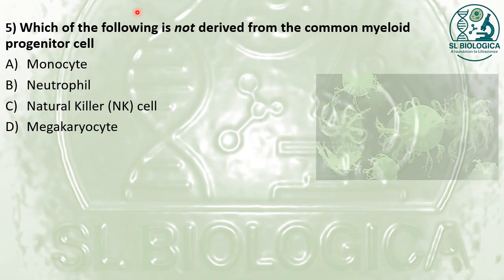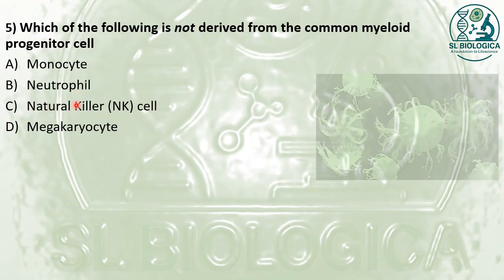We know that from myeloid progenitor cells, we will get platelets, erythrocytes, and then basophils, neutrophils, eosinophils, and monocytes. So we have the option monocyte. Yeah, it is derived from the myeloid pathway. Then neutrophil, again, derived from the myeloid pathway.